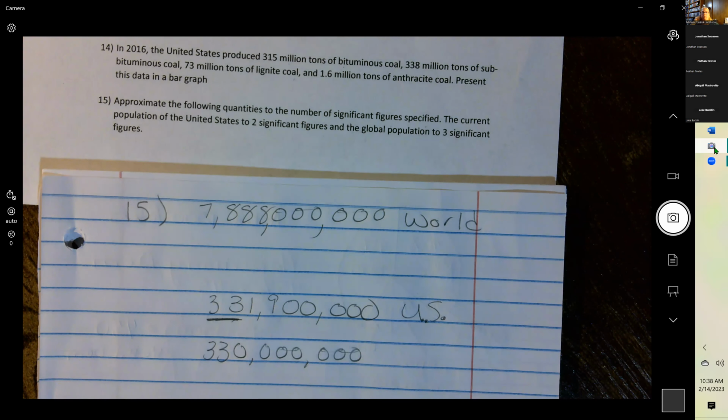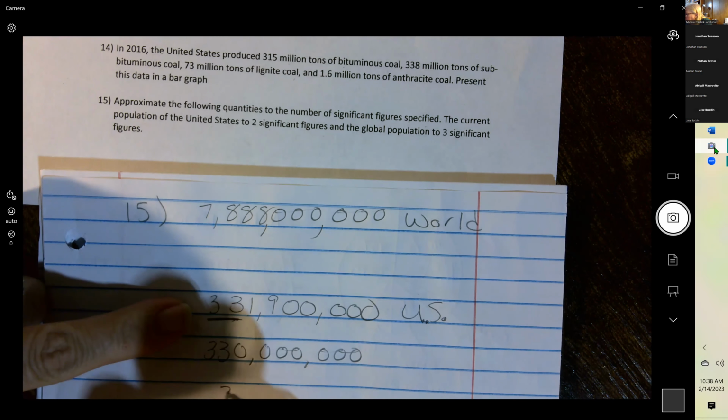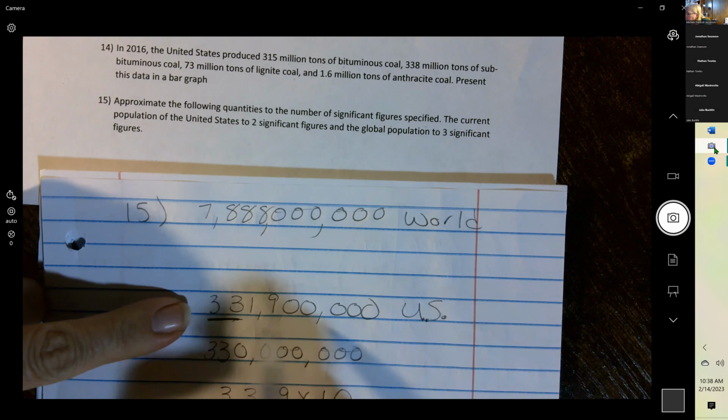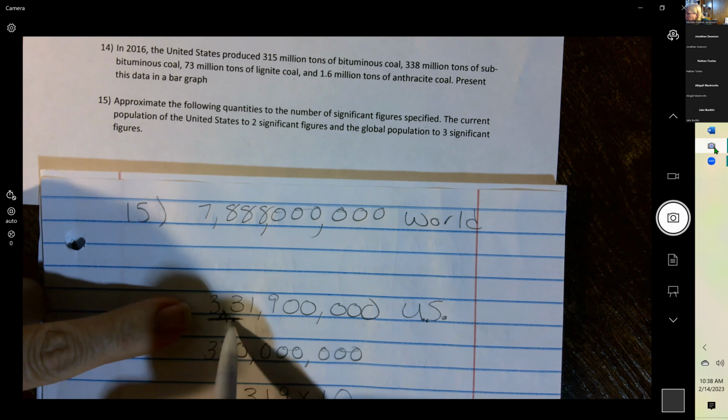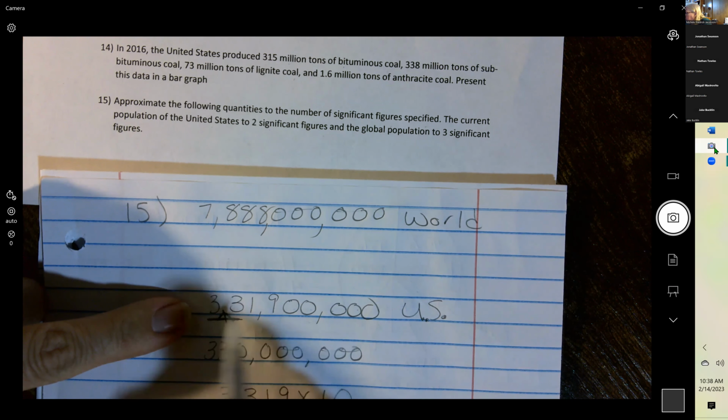This was just to make sure you understood significant figures. Another way you can see the significant figures is if we write this in scientific notation, so the decimal would go here. 1, 2, 3, 4, 5, 6, 7, 8.